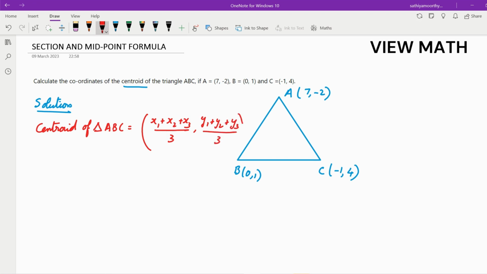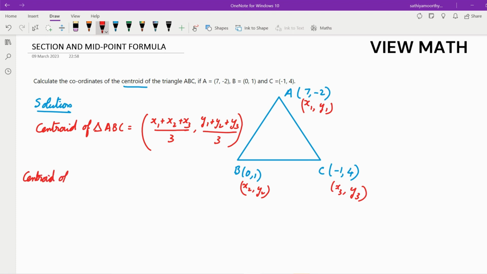So this is the formula for the centroid of the triangle. Here this is my x1, y1, here it is x2, y2 and this is x3, y3. So let me substitute to find this centroid.